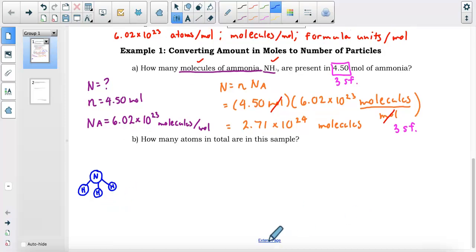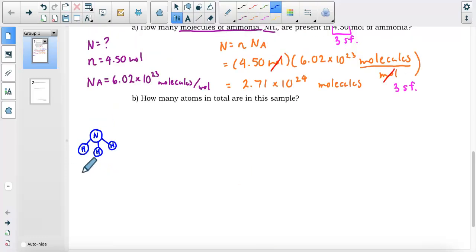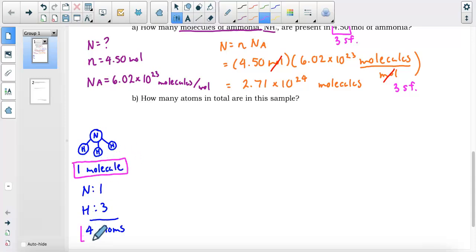Okay, so this is our molecule, and that's 1 molecule. And what is it comprised of? Well, there's 1 nitrogen, and there are 3 hydrogen. So that means in total, you could also do this by looking at the chemical formula, but here's a visual representation. Okay, so for every 1 molecule, there are going to be 4 atoms.